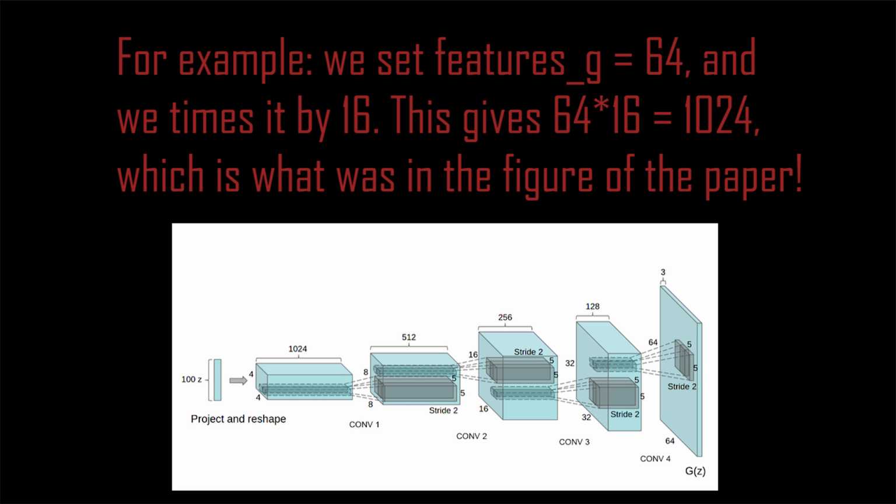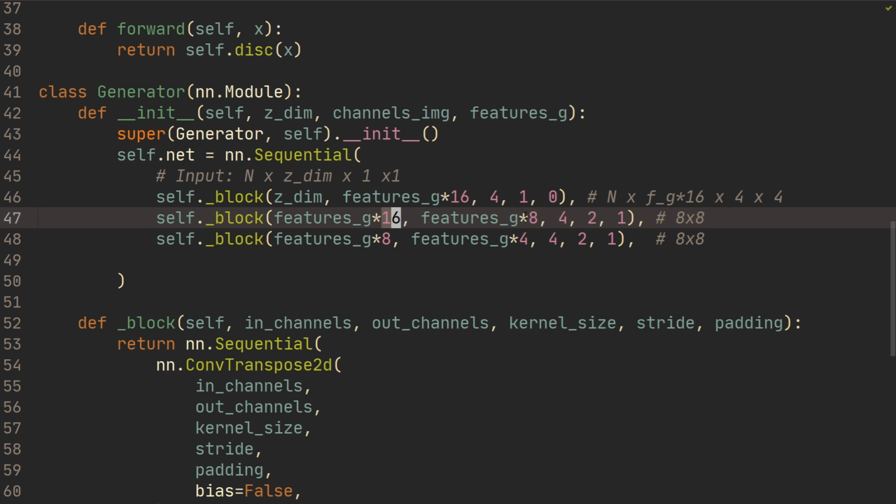If we do these computations for each channel, the numbers just tend to work out. So really this is just looking at the figure and trying to interpret what the channels are going to be. And they follow this nice structure that if we use features G to be 64, then we can halve it to be times 16, then times 8, and then times 4.